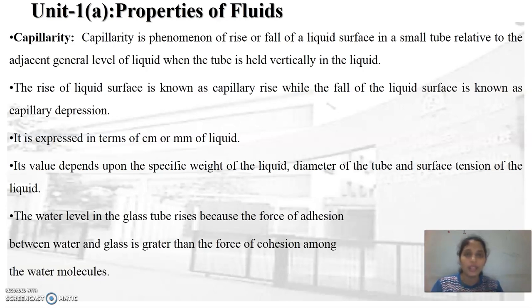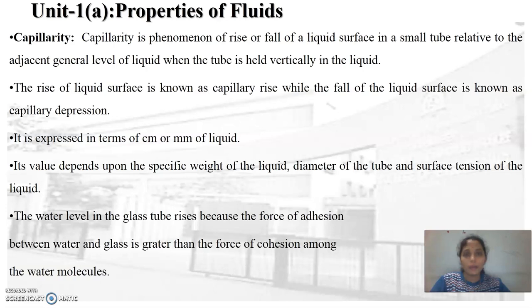If there is a rise of liquid level in that small tube, it is called the capillary rise, and if there is a fall of liquid level in the tube, it is called the depression. So rise or fall of a liquid level in the tube is called capillarity. What are its units? Capillarity can be measured in centimeters or in mm of liquid.